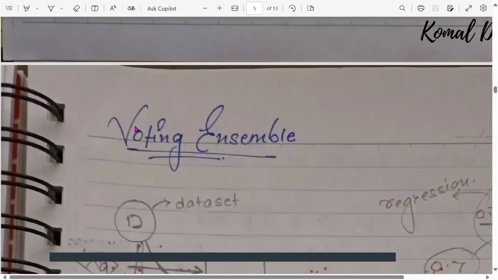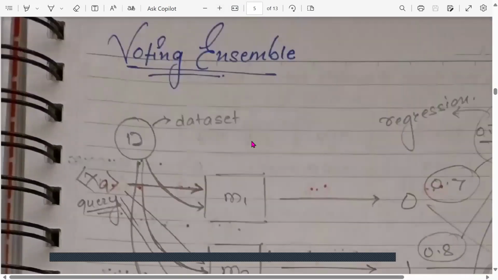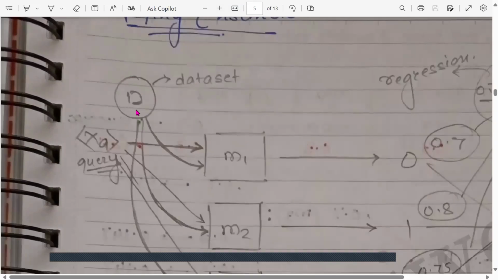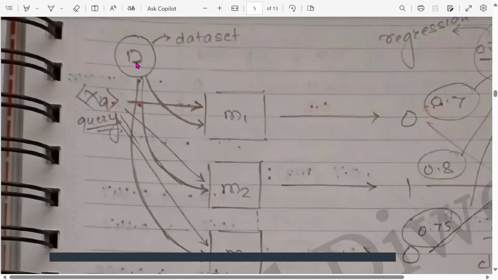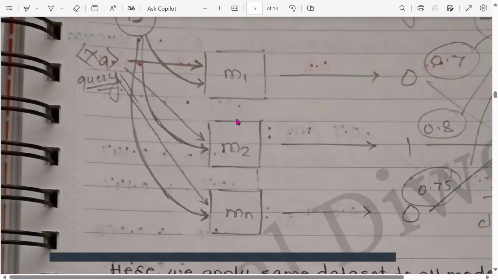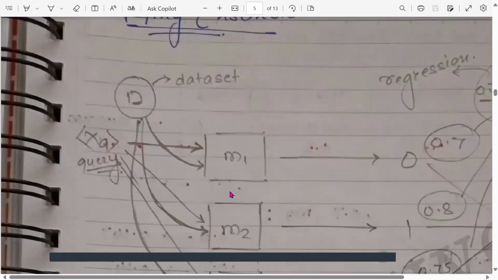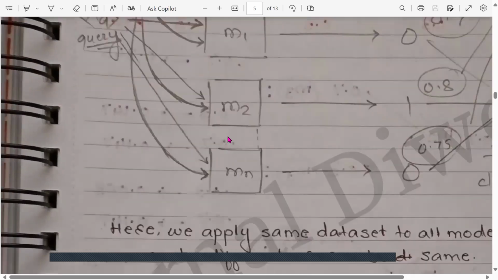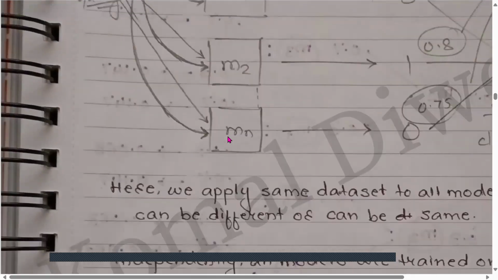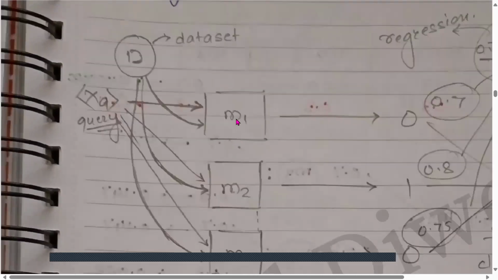Remember, the first time we are learning voting ensemble. We provide the data set to the M1 model, M2 model, and M3 model, which means the same data set is given to different models. We have to remember it.